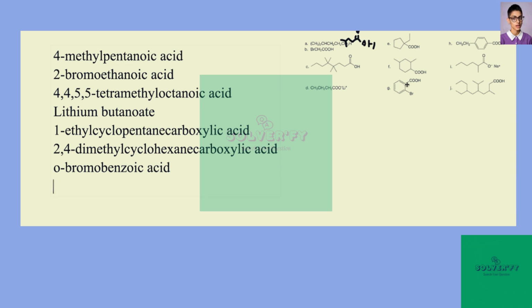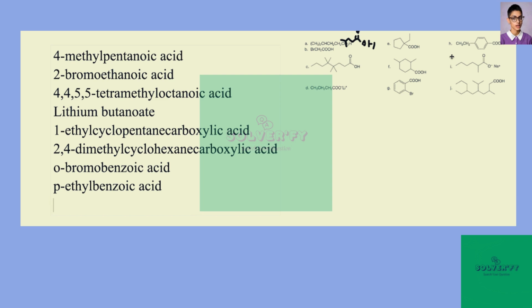Now what about for H? So we also have that benzoic acid. But now para to it, we have 2 carbons being ethyl. So we have a p-ethylbenzoic acid, para-ethylbenzoic acid.